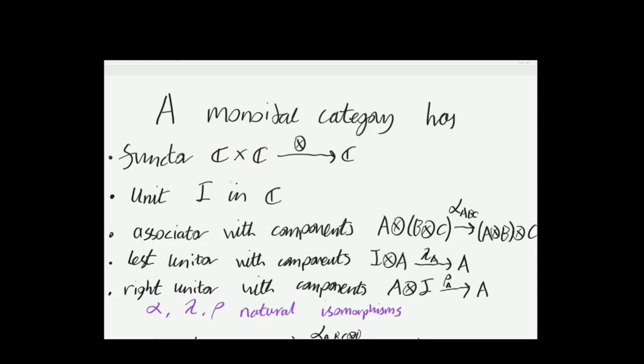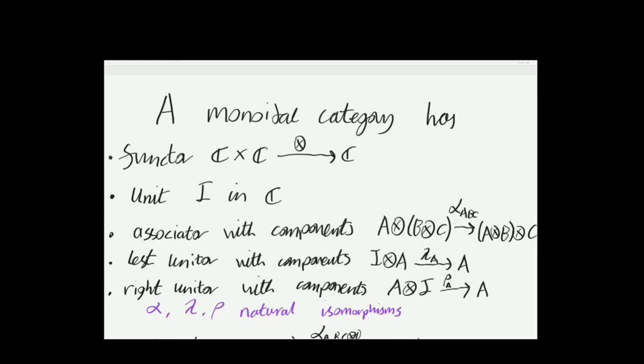And we also have this special object I, which is our unit object. But now we also have these extra things, and we can think of these as families of morphisms, families of arrows. Really, they're defining natural transformations.